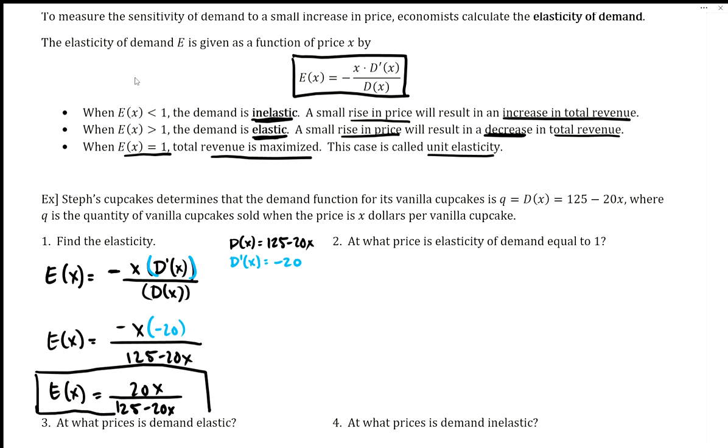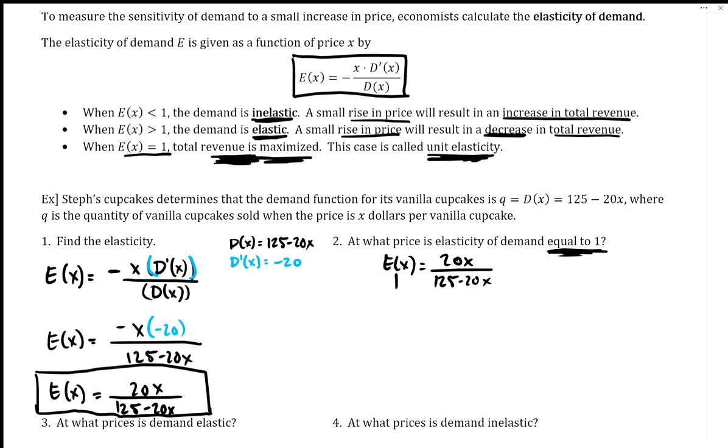Now step 2 asks, at what price is the elasticity of demand equal to 1? They might also write this as when is it having unit elasticity, or when is revenue maximized. Those are all equivalent ways to state the same thing. Let's write the function again: E of x is 20x over 125 minus 20x.